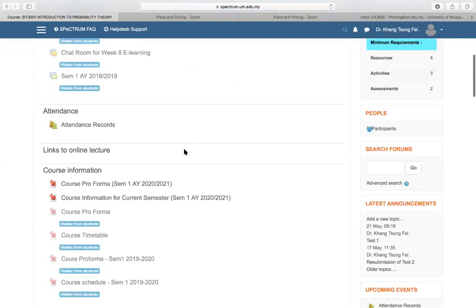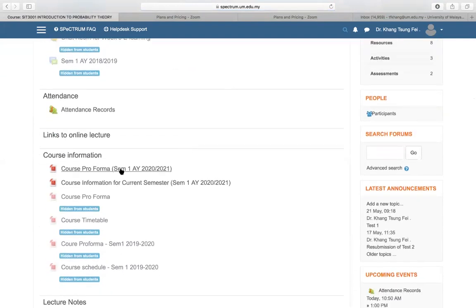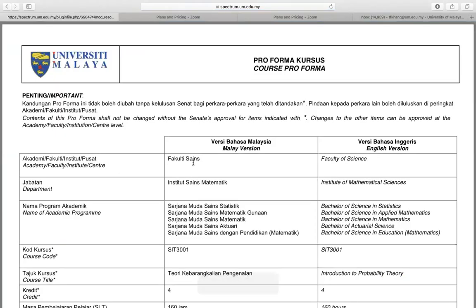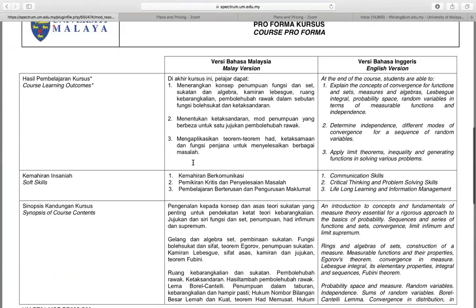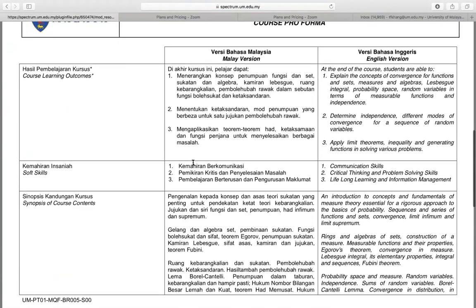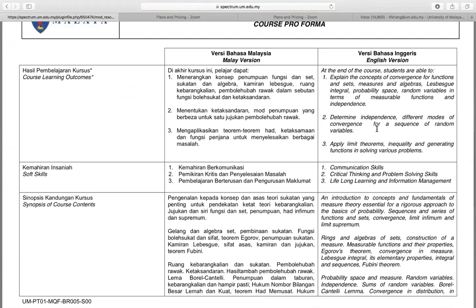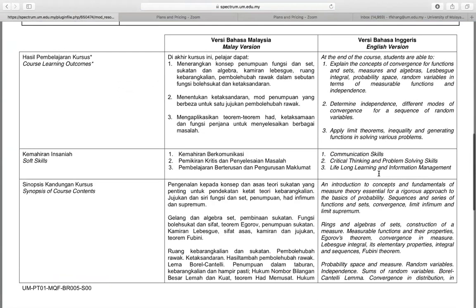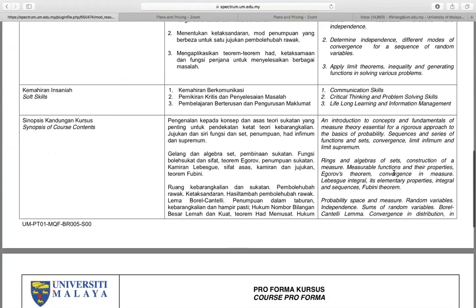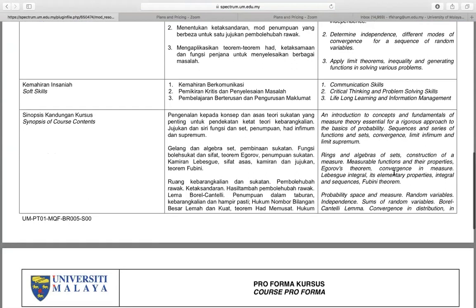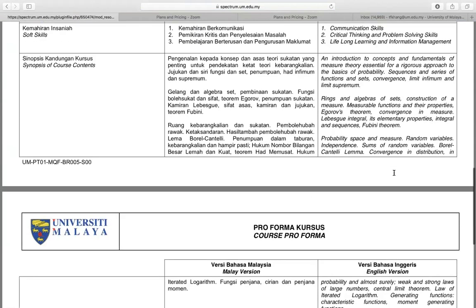And then we have the course pro forma, right? So this one is for this course. You can actually read through this about course learning outcomes, and there are some other boring stuff. Course content, all right? So this is basically some general idea about what's covered in the course, okay? So we do have to use a little bit of abstract mathematics.